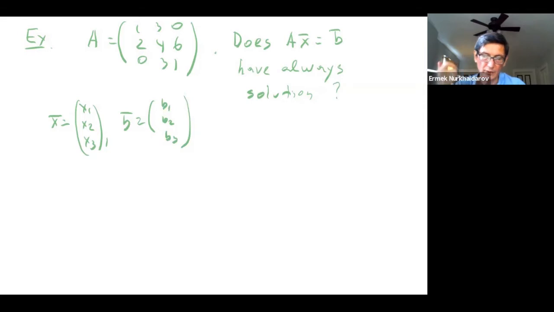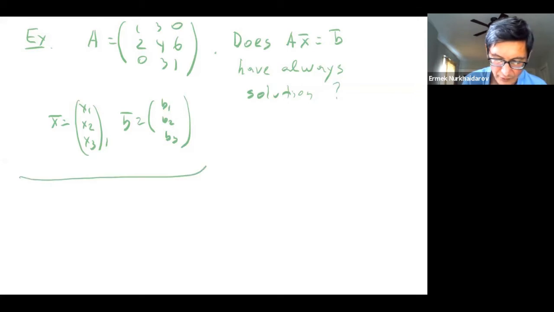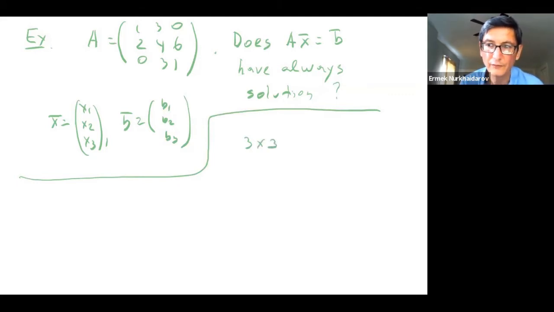Okay. So again, let's look at the dimensions first. We started with 3 by 3. That's our original one, 3 rows, 3 columns, which means the part in the middle should be the same. And because we're talking about a vector, a vector will have only one column.